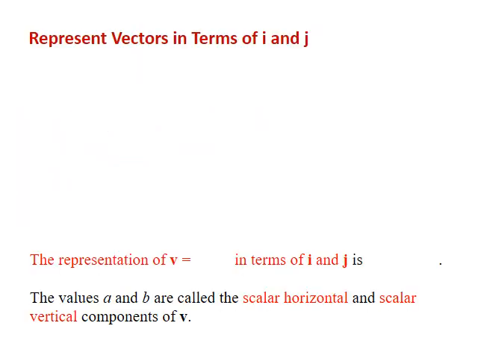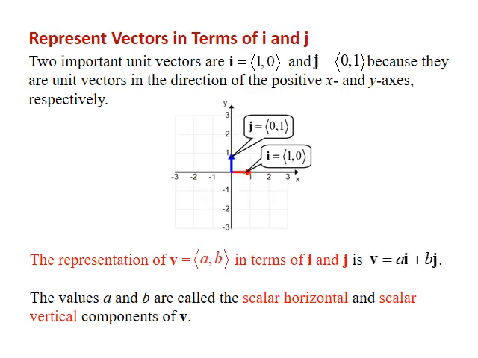So you'll find that there are different ways to represent vectors. We've seen lots of different ways so far. Another way in which we can represent vectors is in terms of i and j. i represents this vector and j represents this vector as shown here.